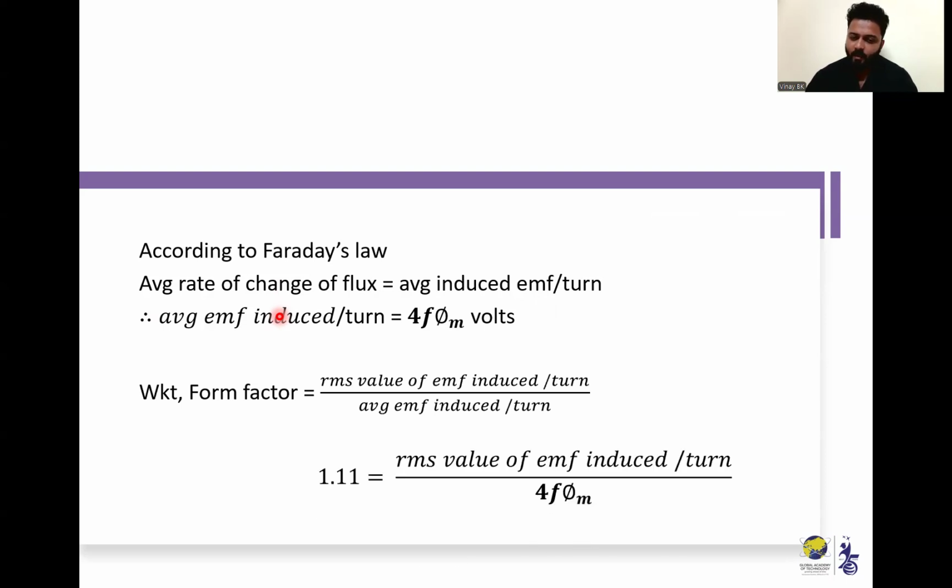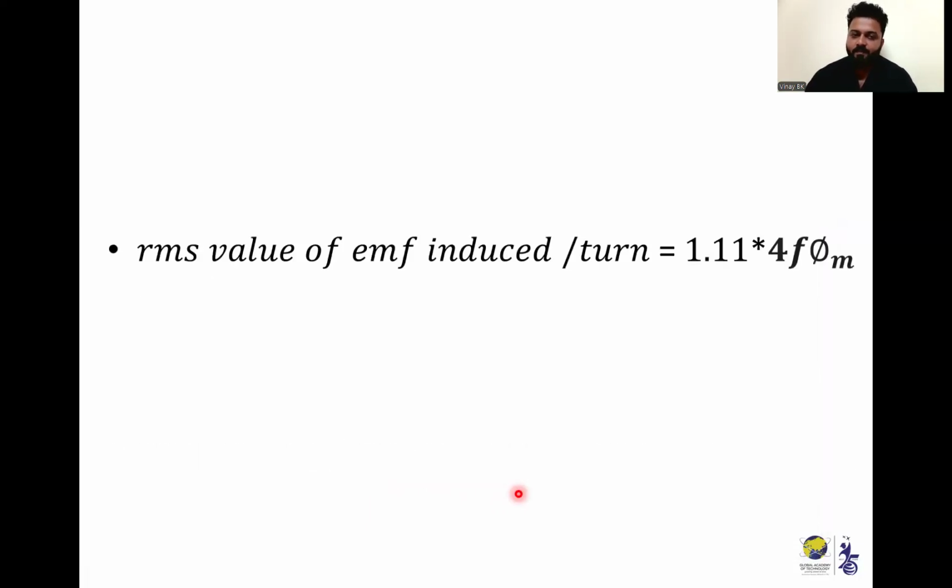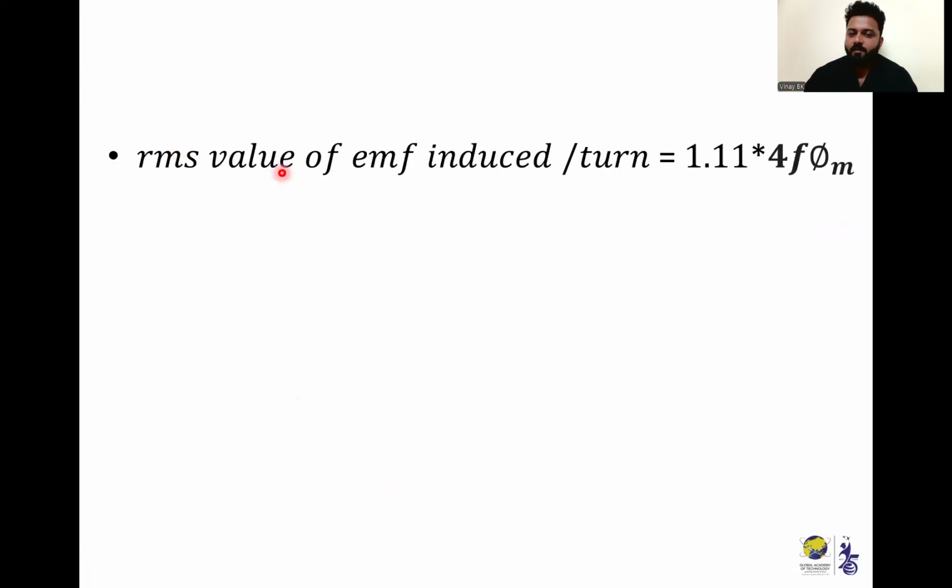Therefore, 1.11 equals the RMS value of EMF induced per turn divided by 4 f phi m. Just multiplying 1.11 by 4, you get the RMS value of EMF induced per turn, that is 1.11 into 4 into f into phi m, so I get 4.44 f phi m.